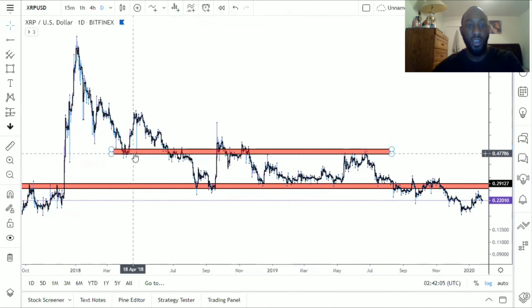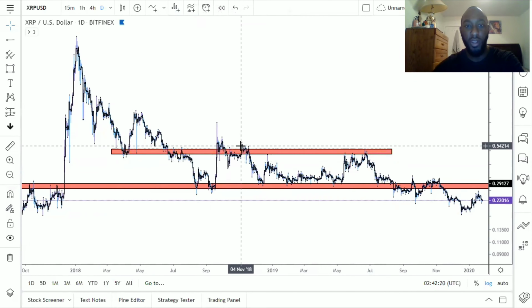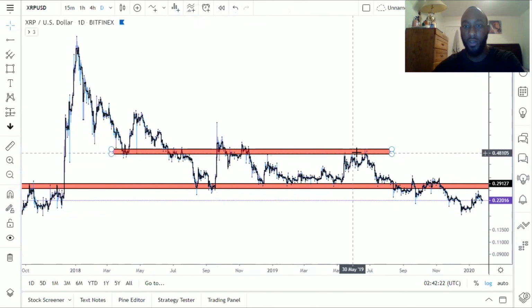So you see it held here, touched at the top. So it acted as support right here too, acted as resistance right here, acted as resistance right here, support a little bit in this area, support right here. Now it's acting as a resistance right in here.